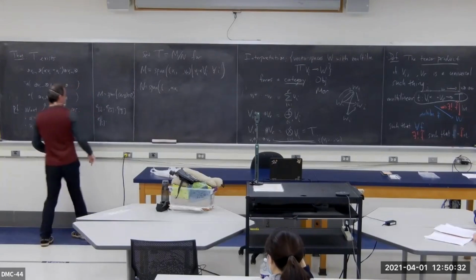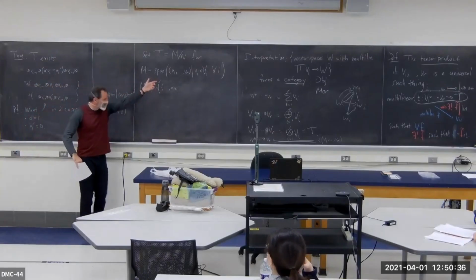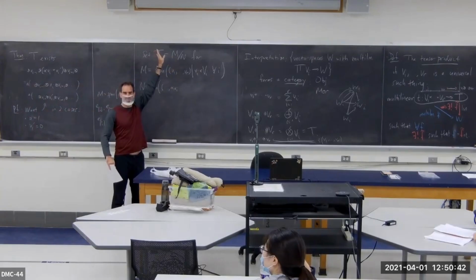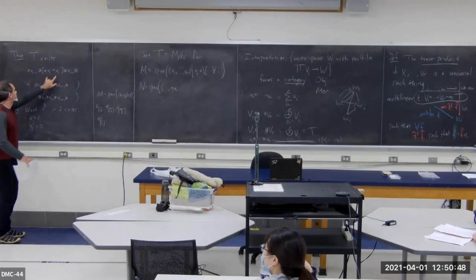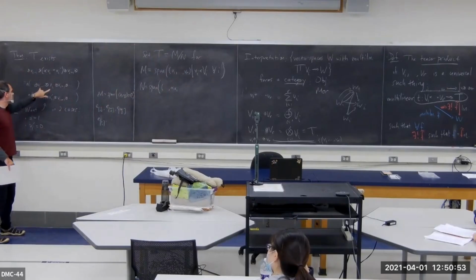So keep in mind that I've already got M, which is spanned by lists of symbols, v_1 up through v_r, such that v_i lies in the vector space capital V_i. Now I'm going to take any list that has a linear combination in the ith slot and force it to be equal to alpha times this one plus this one.